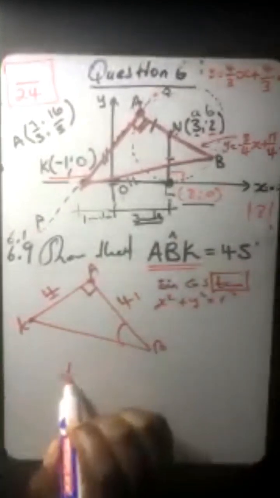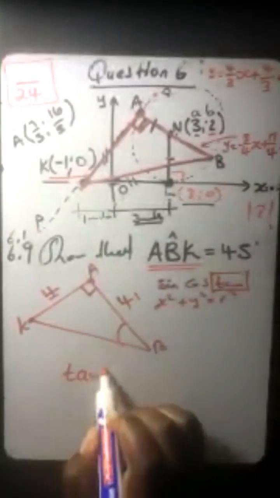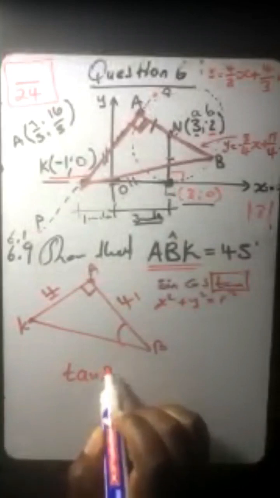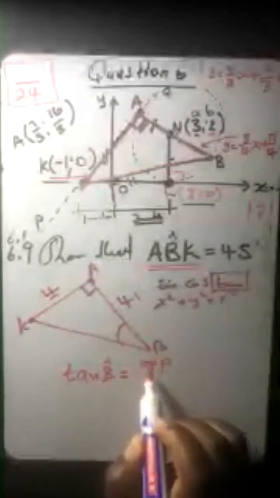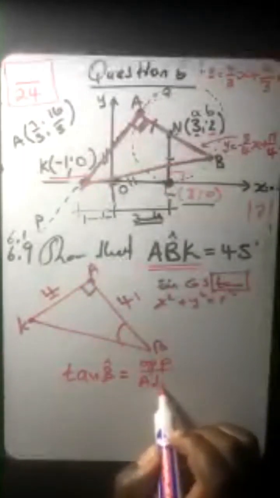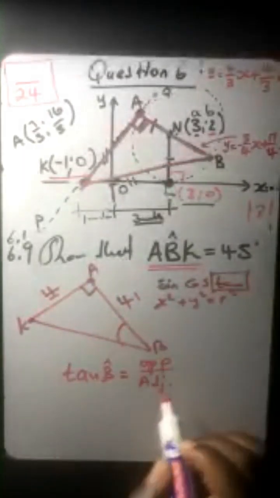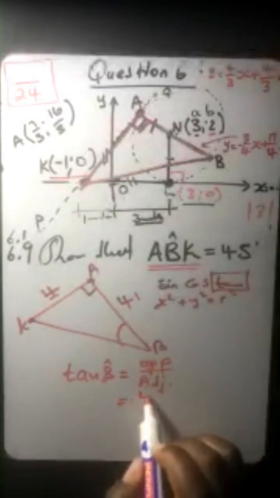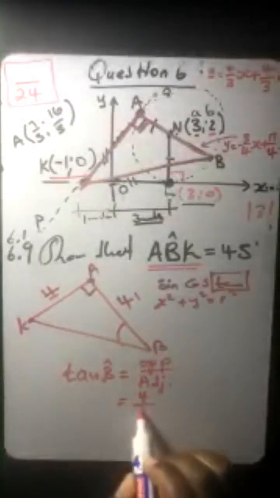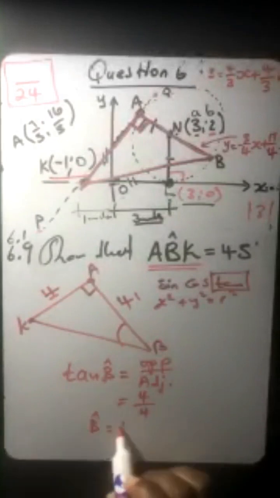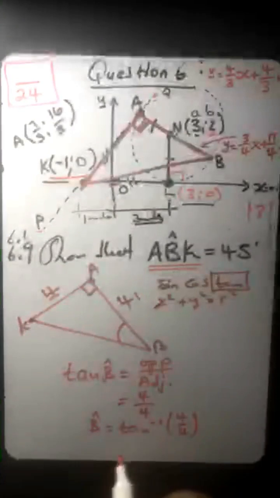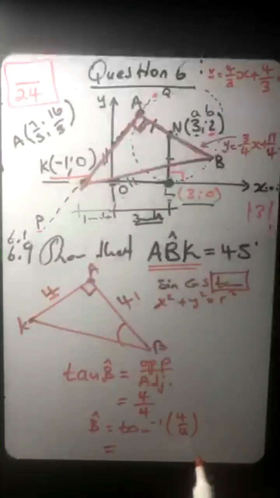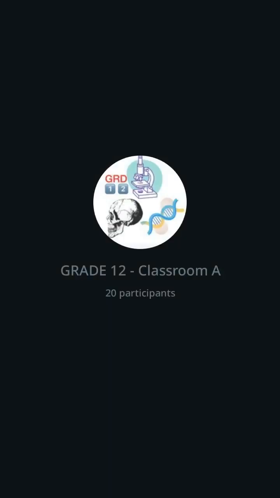Yes. So that is why you're going to say tan of angle B equals opposite over adjacent. What is opposite? Opposite is 4. What is adjacent? Adjacent is 4. So it's more like you are having inverse tan of 4 over 4. What is 4 over 4? I think this is 1. So it's more like inverse tan of 1. What is that?